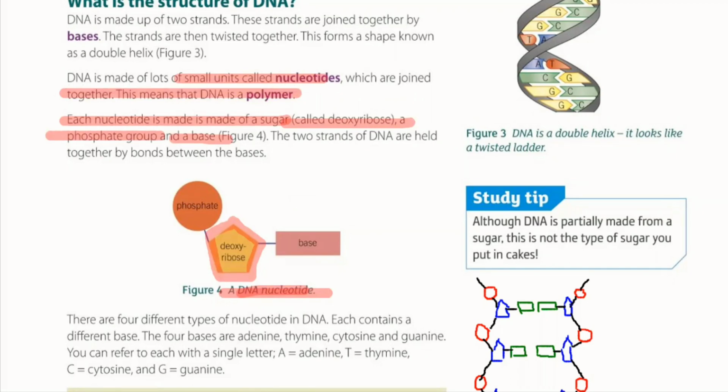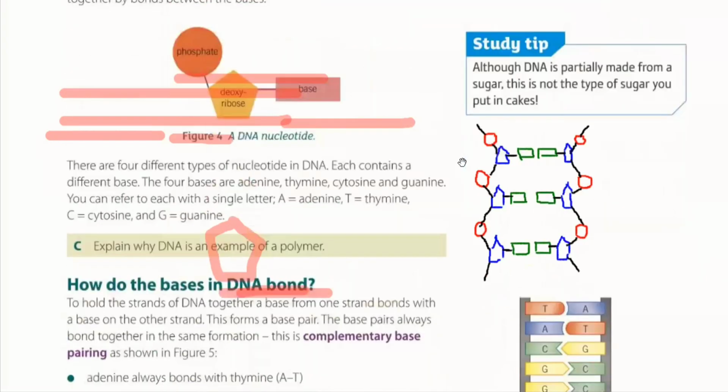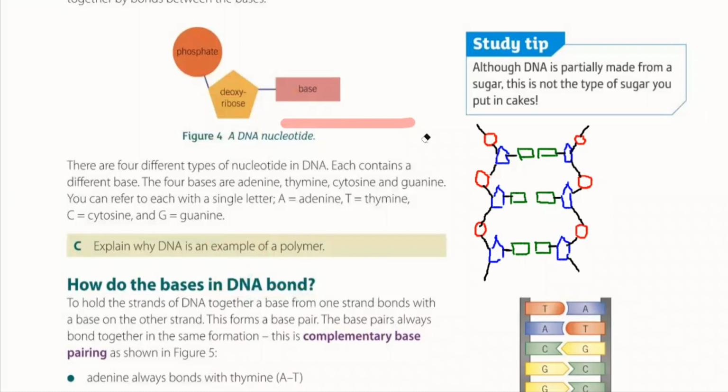So you see here this particular diagram I made for you. You can check it. In this diagram, this circle is the phosphate group, this pentagon is the deoxyribose, and this is the base. Can you see these are connected together?